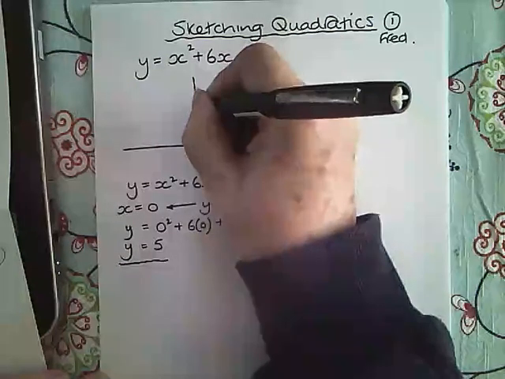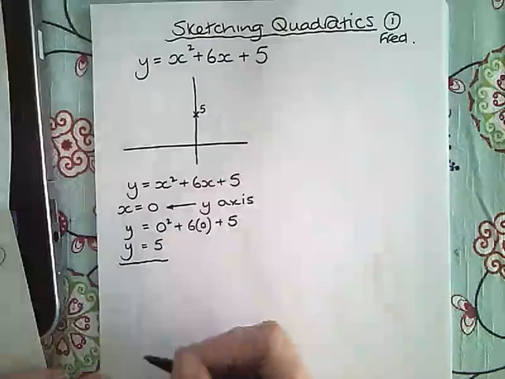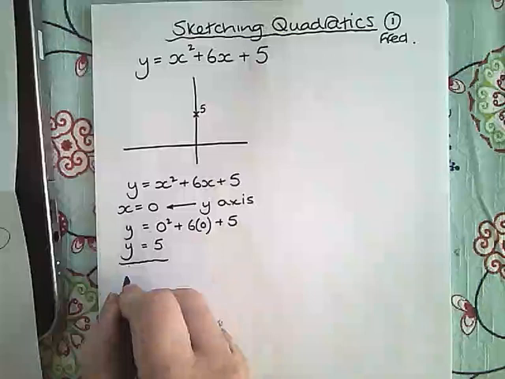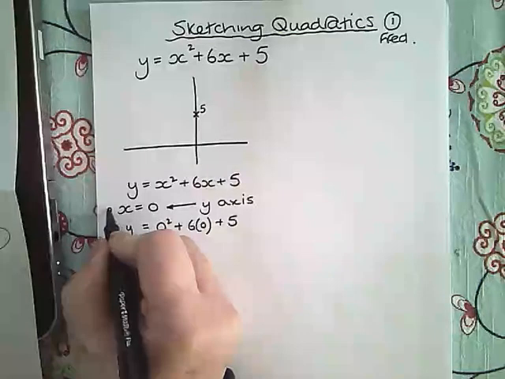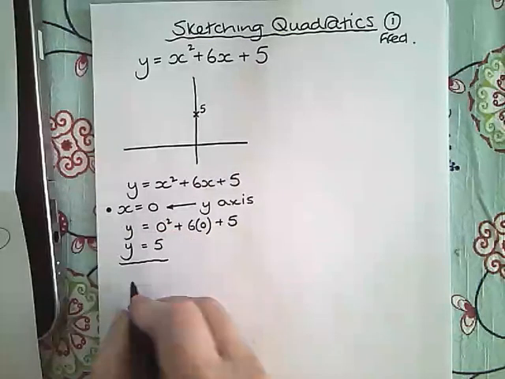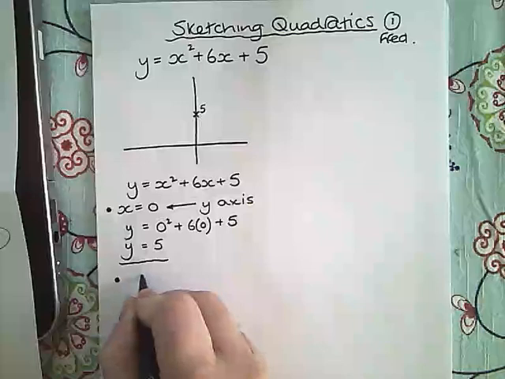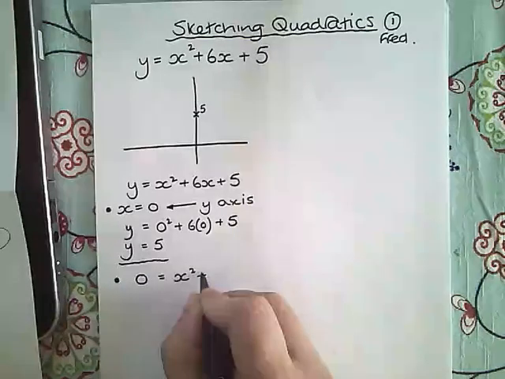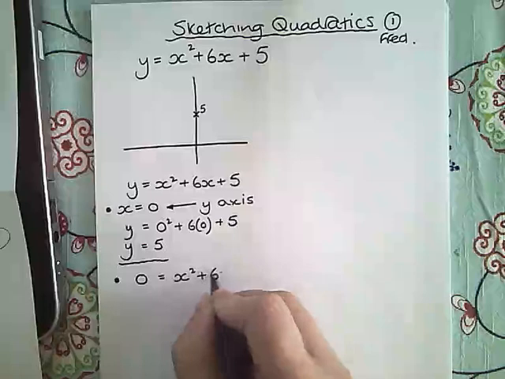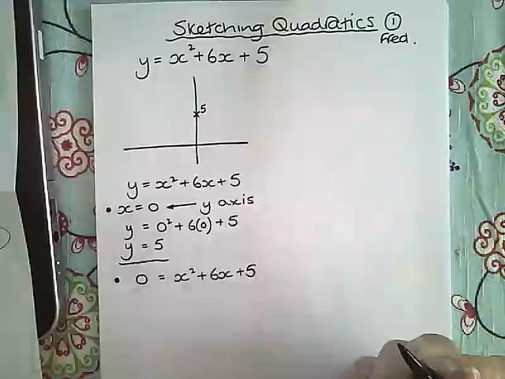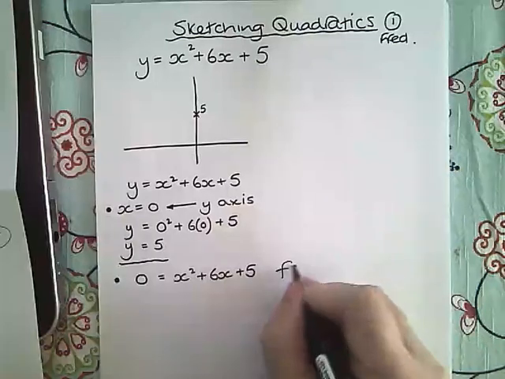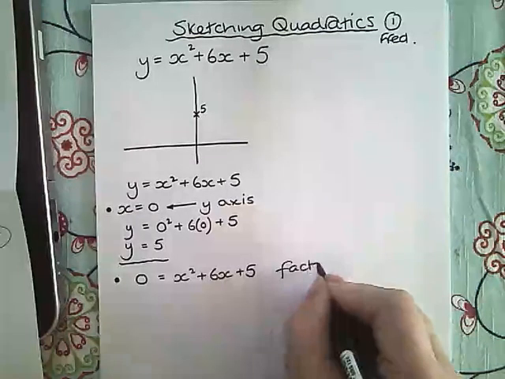Okay, now let's have another look at the axis, and this time, instead of when x equals 0, let's consider when y equals 0. So then we would have 0 is equal to x squared plus 6x plus 5. Let's factorise this, which means that we will then be able to solve.